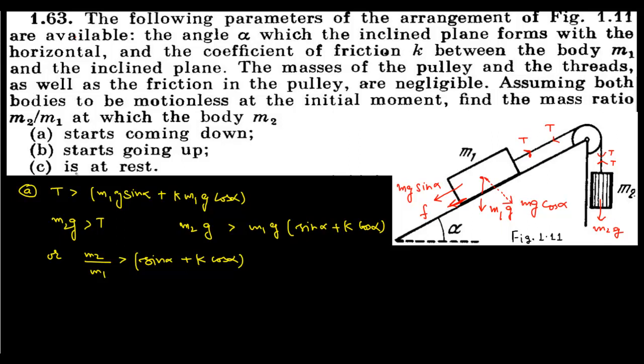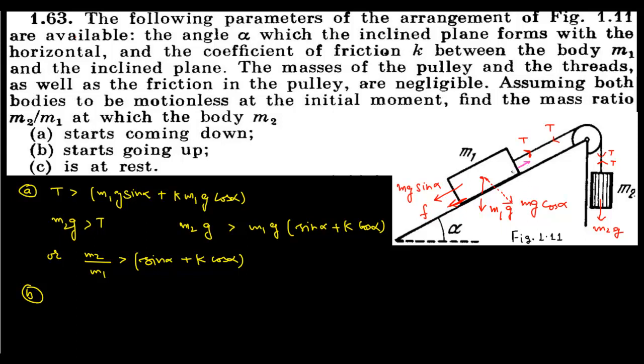this block M2 starts coming down. Now for part B, when the block M2 starts moving up, the force of friction will be in this direction, because this block M1 will be moving down the inclined plane, and friction will be in this direction. Clear?